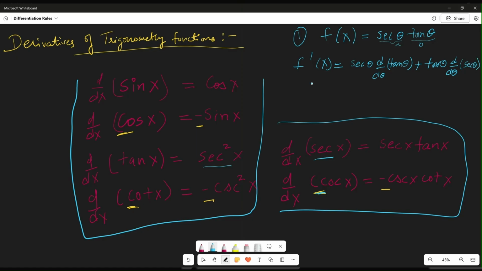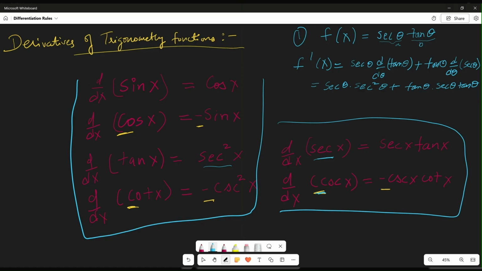So this is going to be secant theta times the derivative of tan theta, which is secant square theta, plus tan theta times the derivative of secant theta, which is simply secant theta times tan theta.